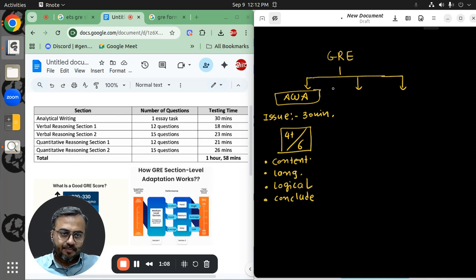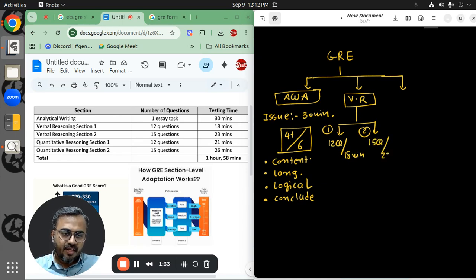That's AWA. Second section is verbal reasoning. Verbal reasoning is divided in two subsections. First one is 12 questions and you have 18 minutes to answer it. Second section consists of 15 questions.